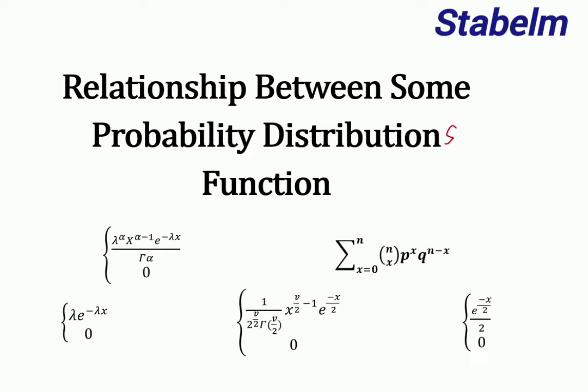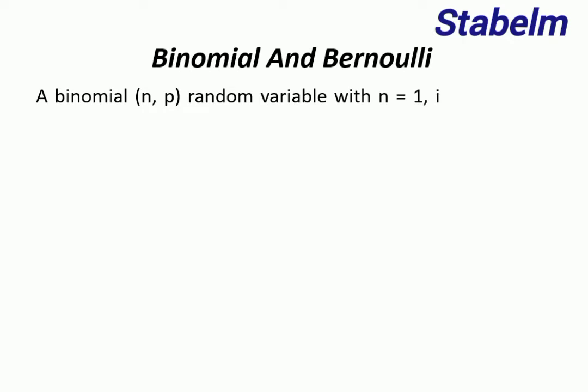distributions. Now, first of all, we start with the binomial and Bernoulli distributions. So I want to see the relationship between binomial and Bernoulli distribution. As we already know, a binomial (n, p) random variable with n equals 1 is a Bernoulli random variable.